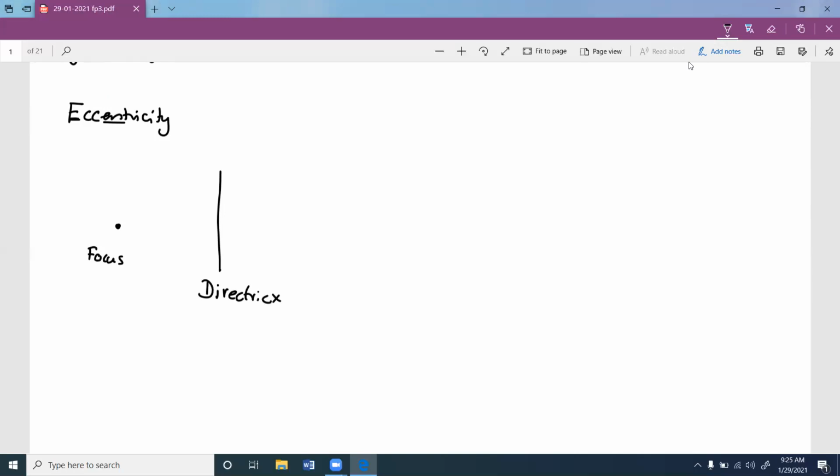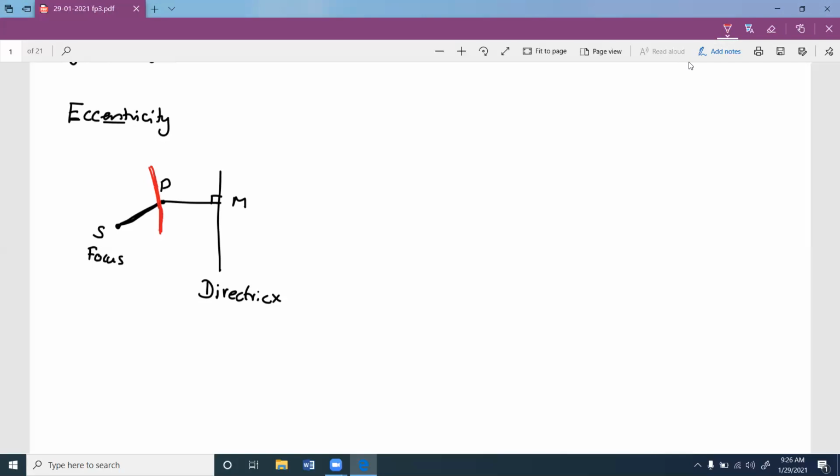If you take a point, I'll call the focus S and the point P, and I make a perpendicular distance from P to the directrix, that is M. We can define any kind of locus using the distance between SP and PM.